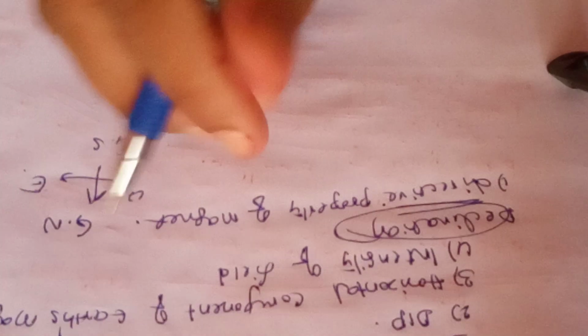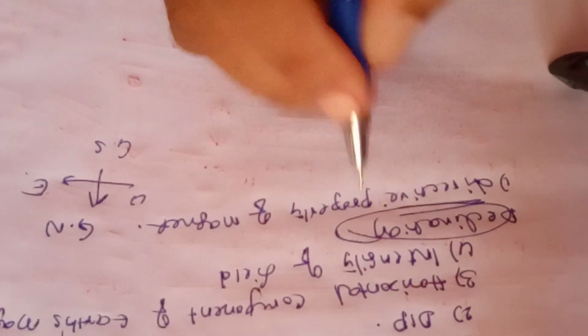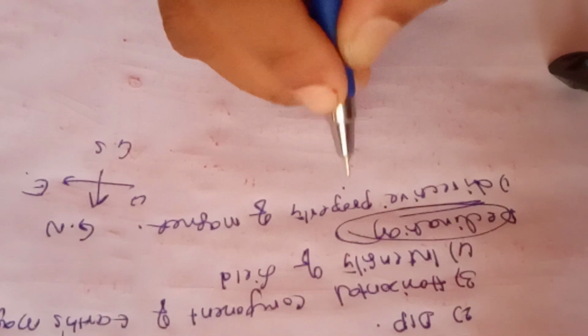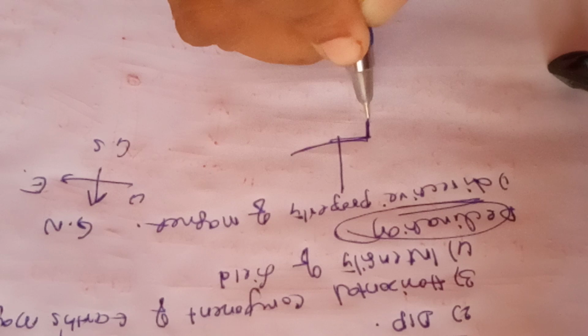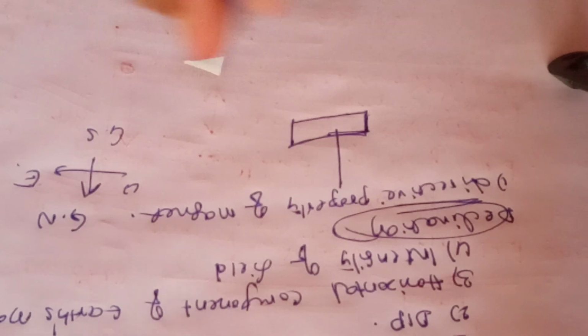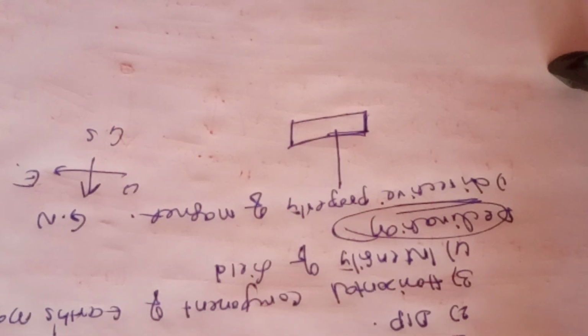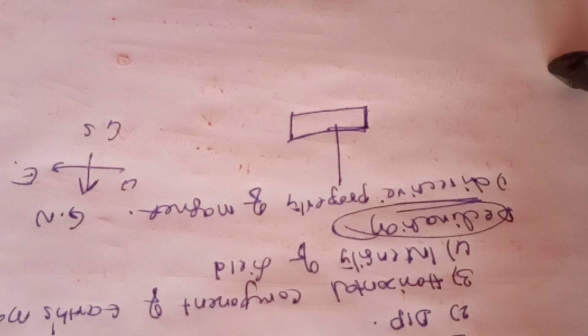Now anywhere, at any place on the Earth, let us tie a bar magnet with a thread and suspend it. Okay, suspend it. You will find that this bar magnet oscillates and comes to the rest position.